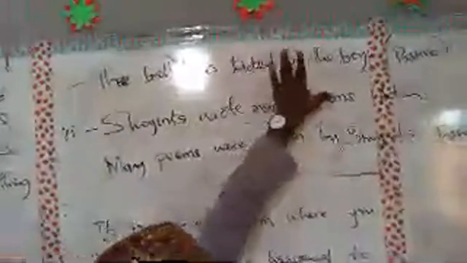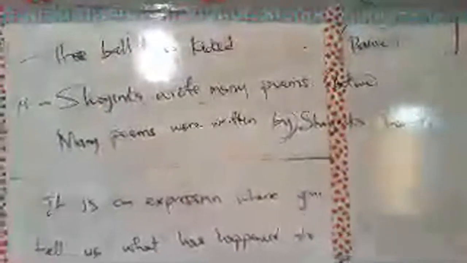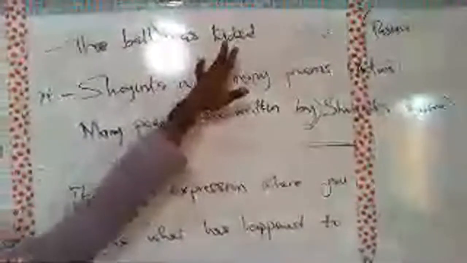If you remove by the boy, you are still making sense. The ball was kicked. Just that you don't want us to know who kicked the ball, but you've already passed a message that the ball has been kicked already.